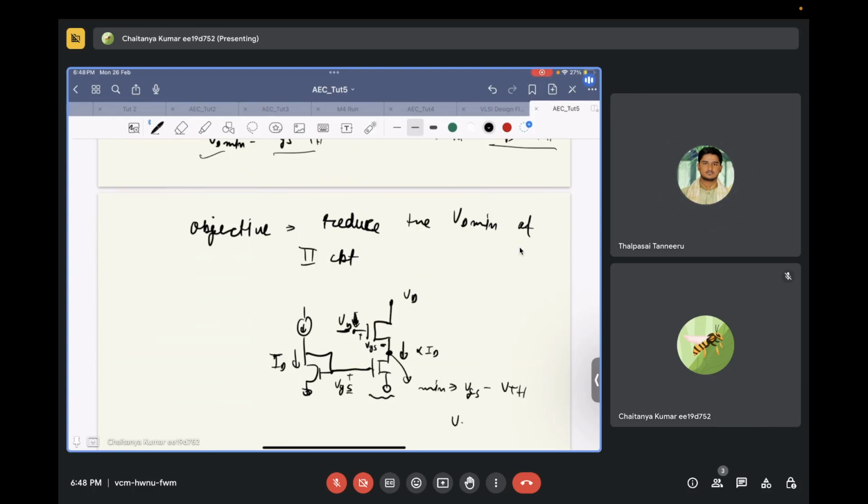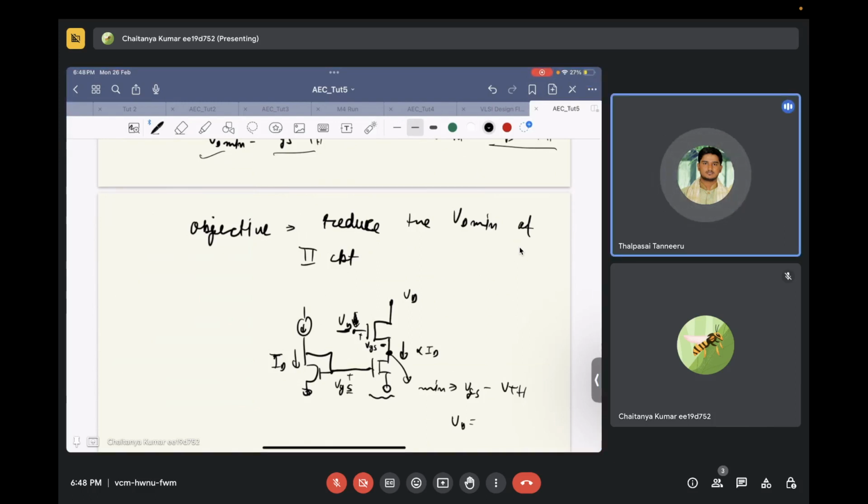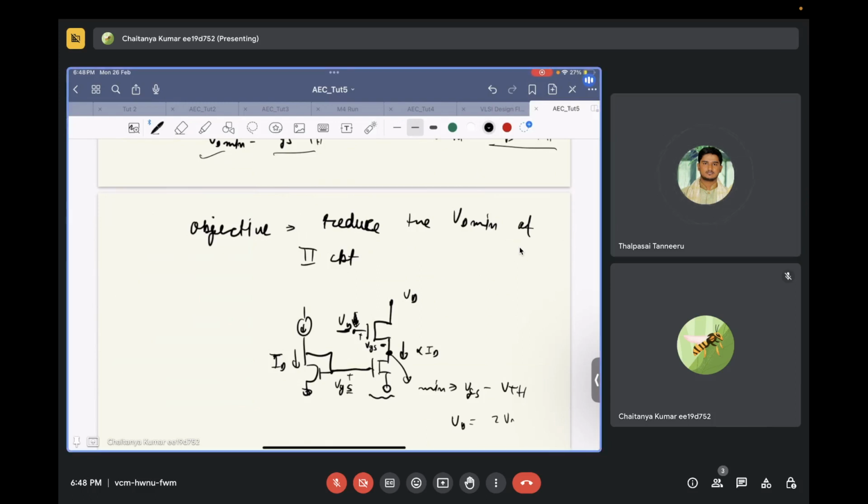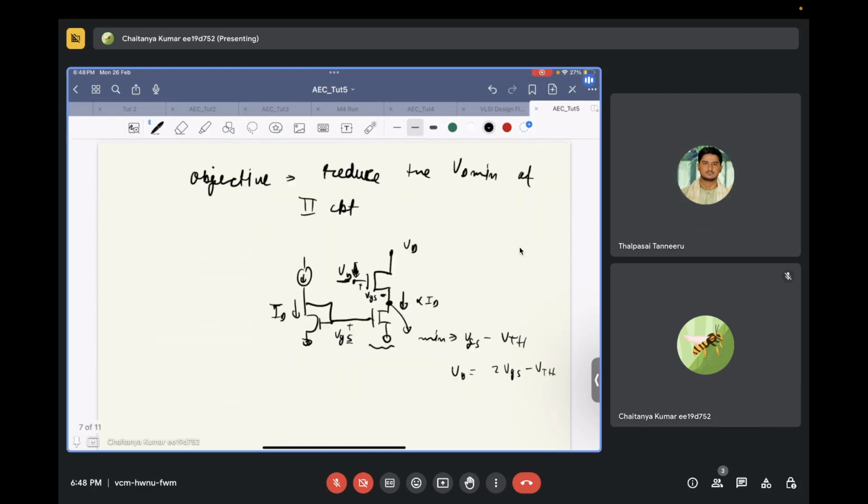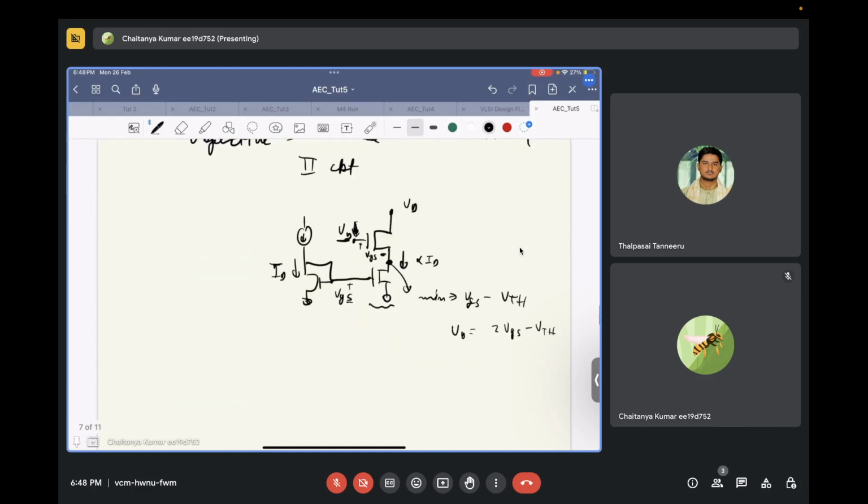what will be the value of VB? Yeah, then it should be two times of VGS minus VTH. So basically now what is VD min? If VB is equal to two times of VGS minus VTH, what is VD min?